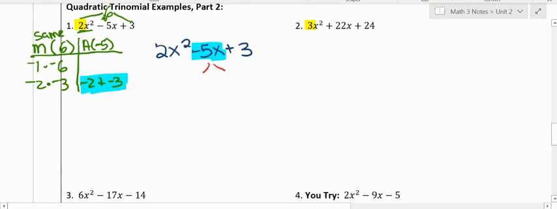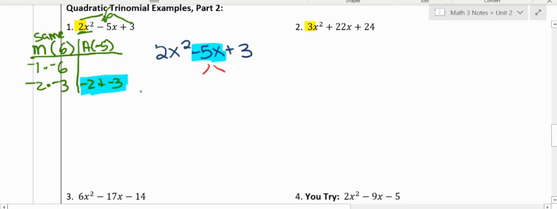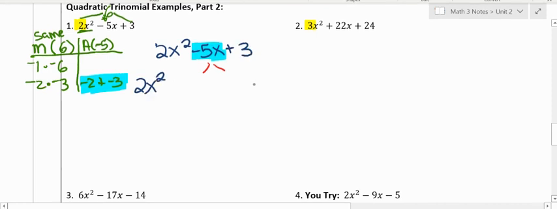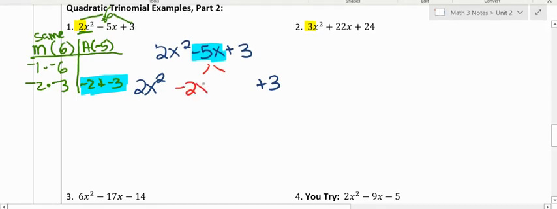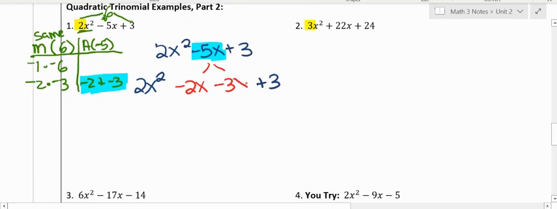In place of negative 5x, I still have my first term the same, and I still have my last term the same. But in place of that middle term, I'm going to write negative 2x minus 3x, right? Really what we just did is take that negative 5x and rewrite it. If I combine those like terms, I would still get negative 5x. All I did was rewrite that trinomial.